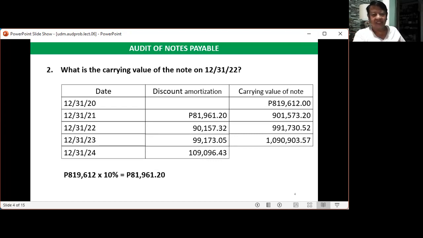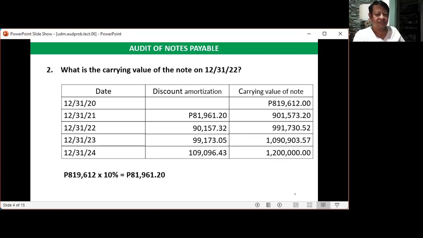We will add this to the carrying value of the note on December 31, 2023 of 1,090,903.57. So we will arrive at the value of the promissory note of 1,200,000 pesos.